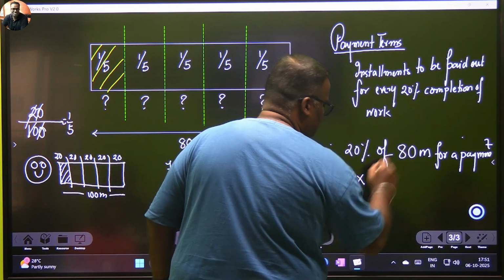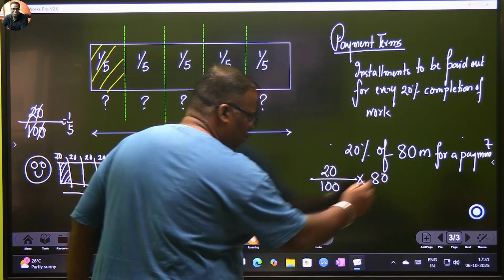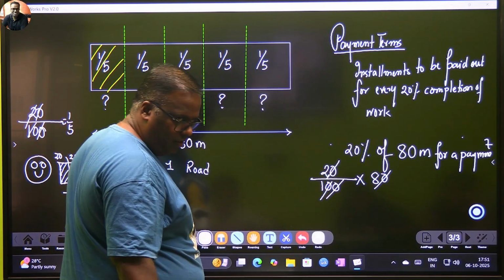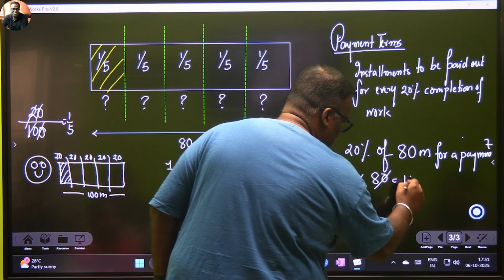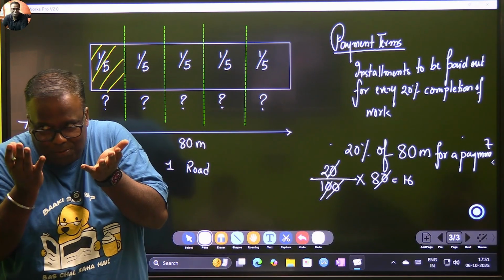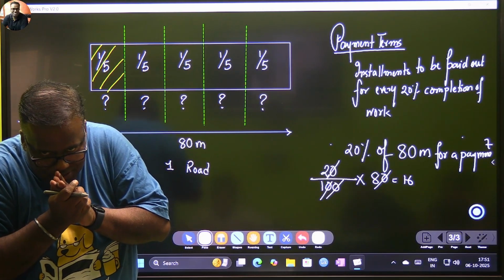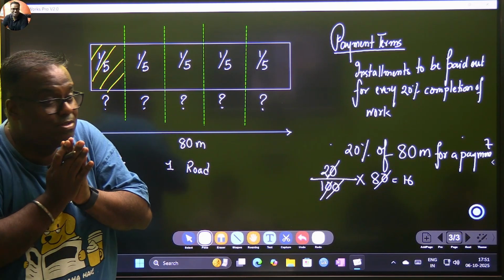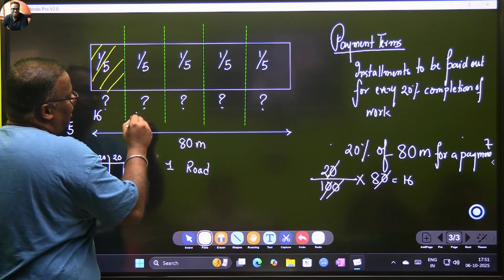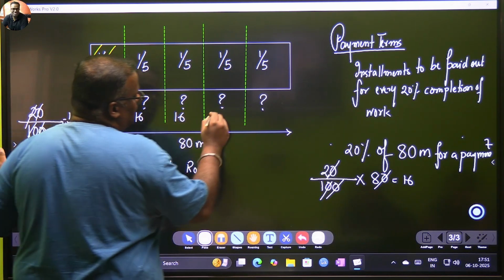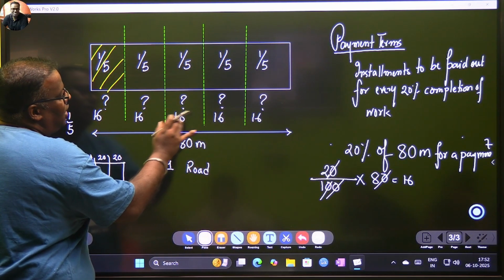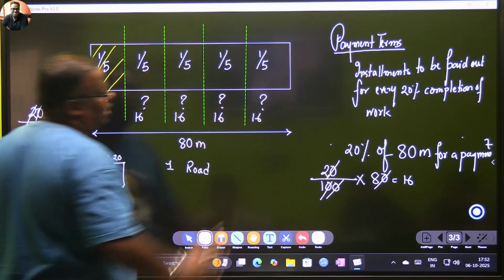Of how much? 80. 0 and 0 gone. 8 into 2 is how much? 16. And if you have done your multiplication table properly, 16 times 5 is how much? 15 times 5 is 75. So our fellow will do 16, 2 16, 3 16, 4 16, 5 16, 32, 48, 64 and 80.